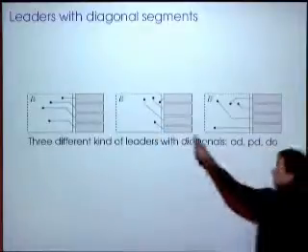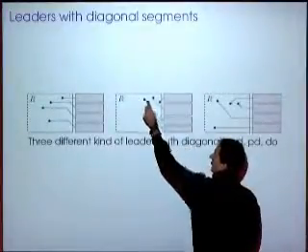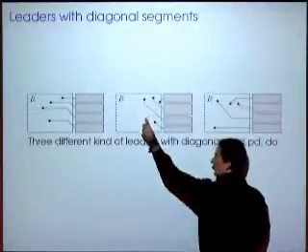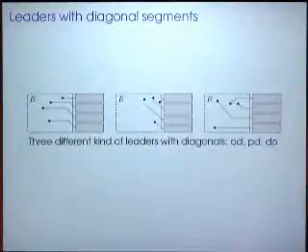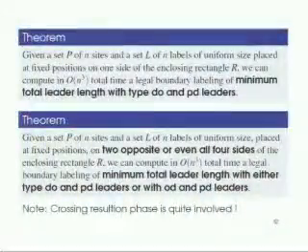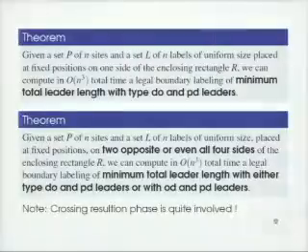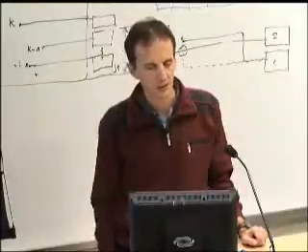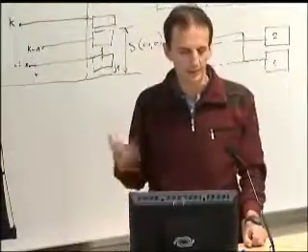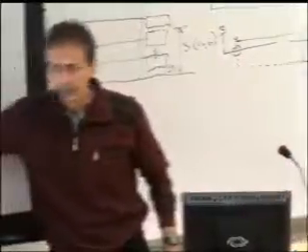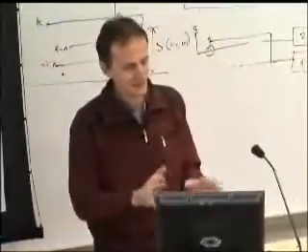So if this point is too close here, then you use PD. Then it works. And in O of n cubed time, you can do almost everything, minimal total leader length. But it's very non-trivial, the crossing resolution phase.